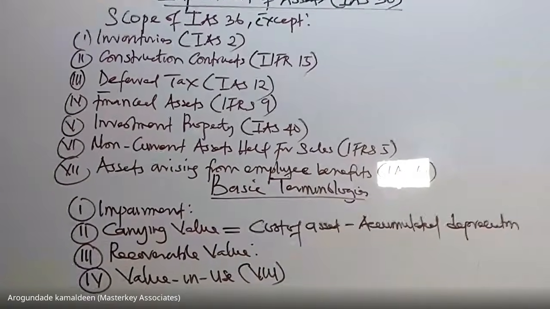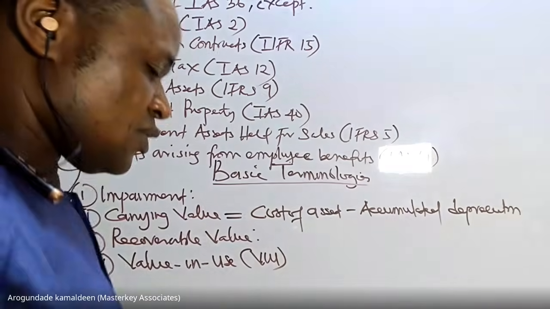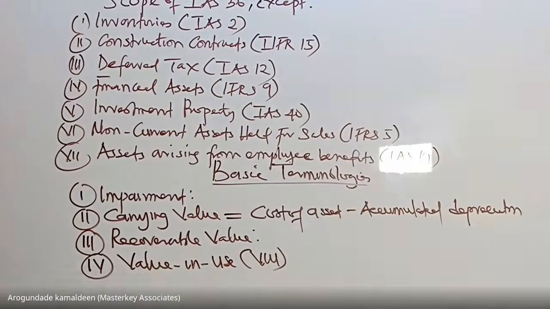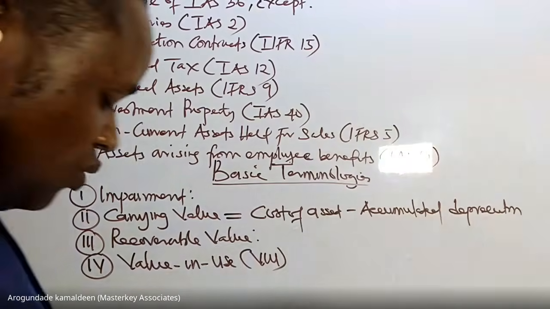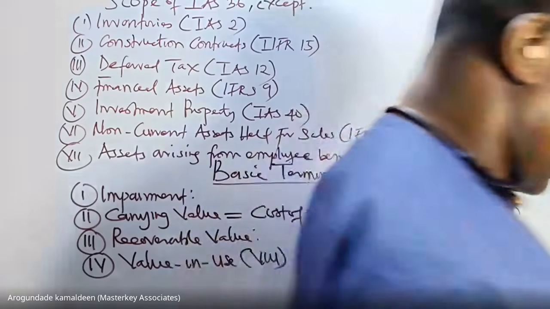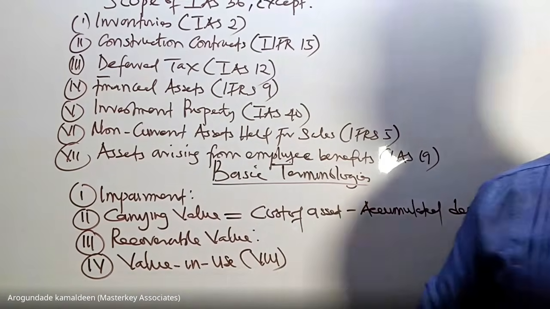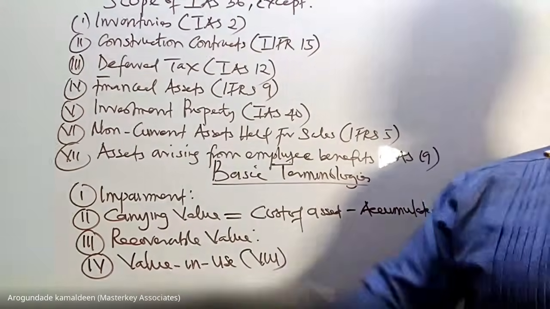Number one, from immediate sales. Yes, you sell it off. Or from continued use. Now, value in use is the present value of the future cash flows expected to be derived from the asset from continued use.